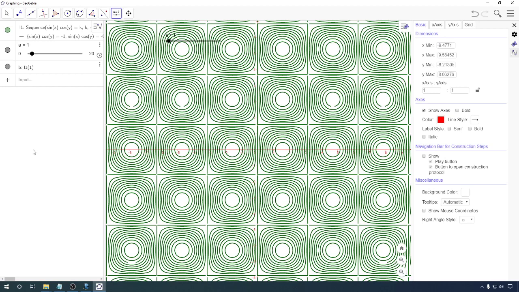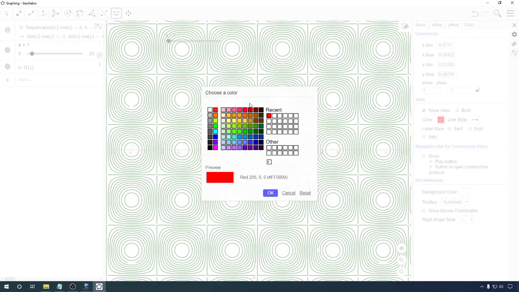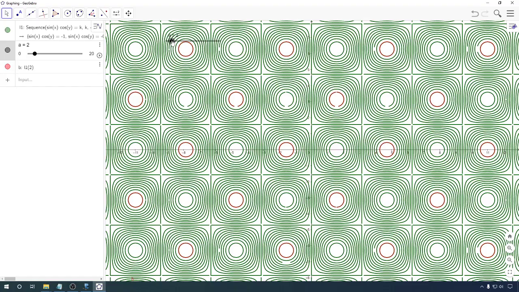No, I didn't want to make another slider. Wait, no, color the axes red. I didn't want the axes to be red. Okay, here we go. So I have it giving me the particular curve for one height.